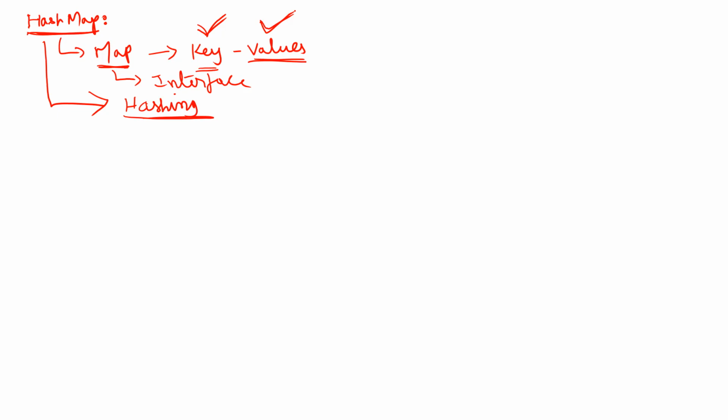So how to define a hash map? Hash map can be defined like this. So HashMap, and since it takes key and value pairs, we have to mention the objects in the angular brackets. So String, comma, String.